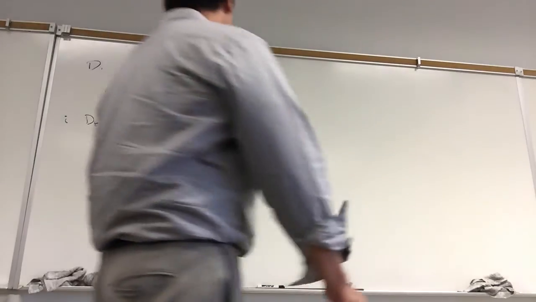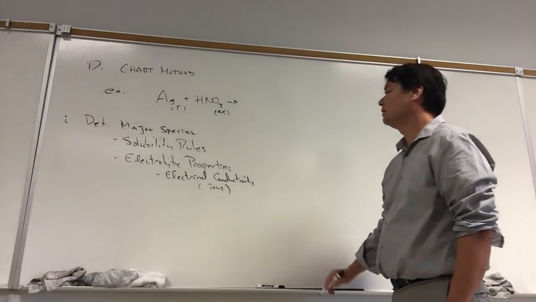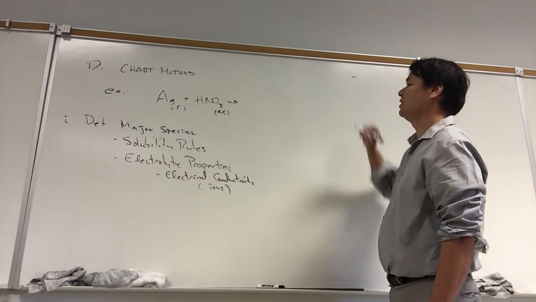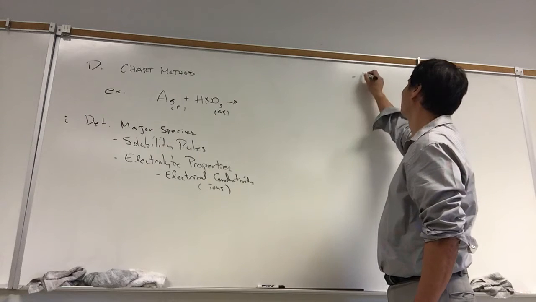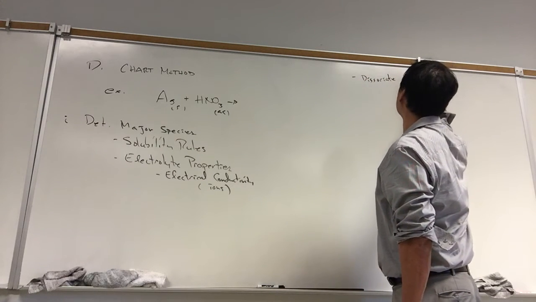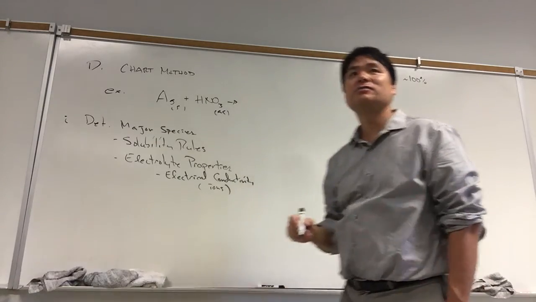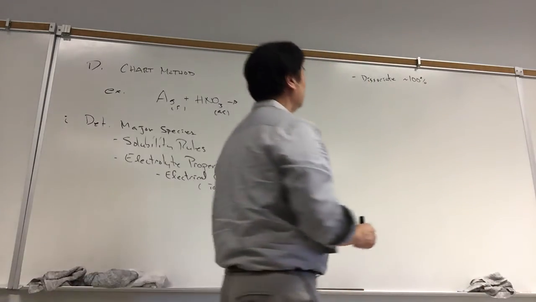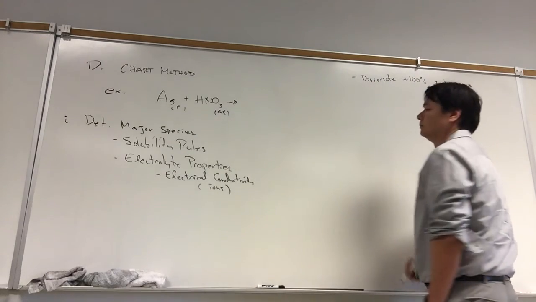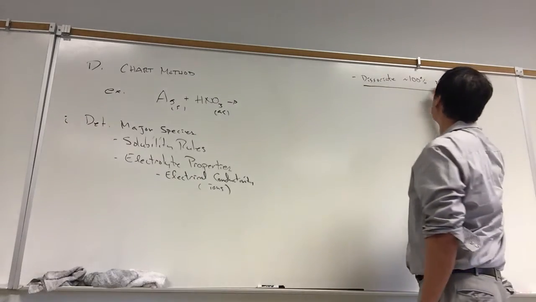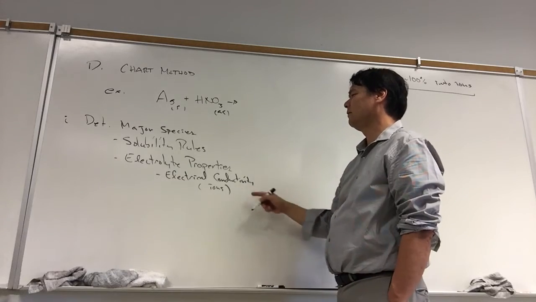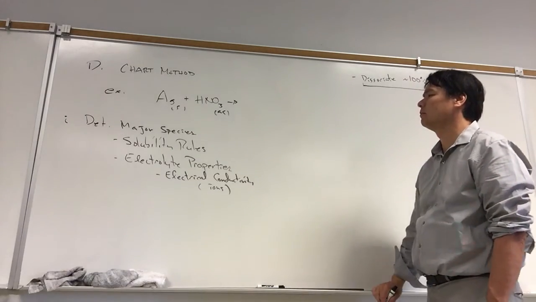So we've got electrolyte properties, electrical conductivity. That's one definition. The other definition is that they dissociate almost 100% into ions. This is the definition we're going to use here. The other one is more for electrochemists.